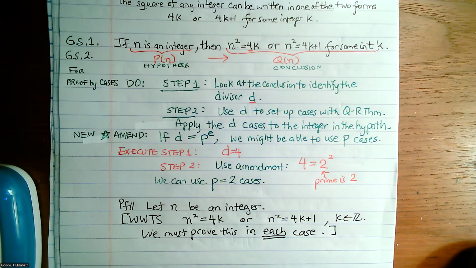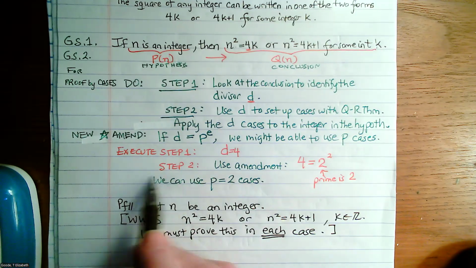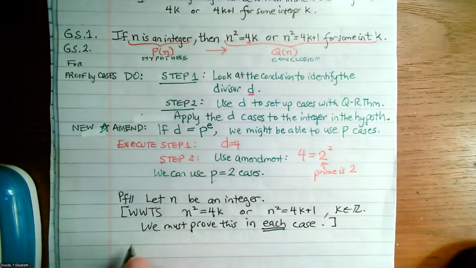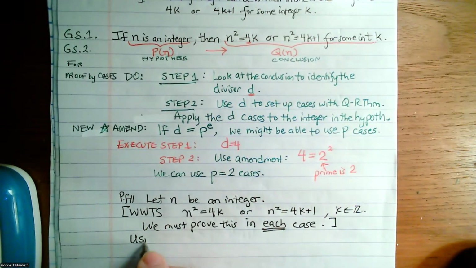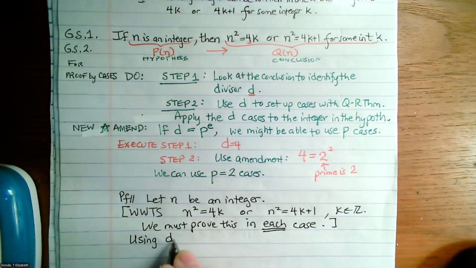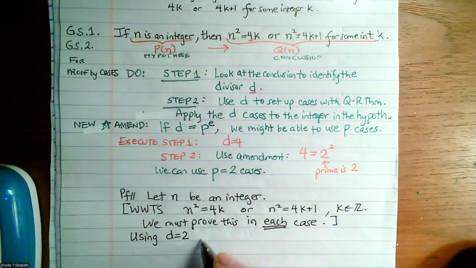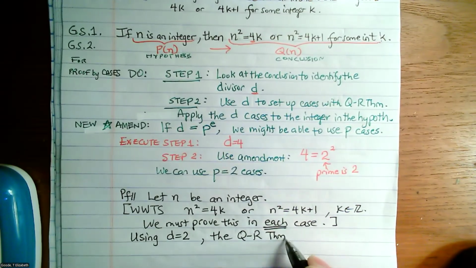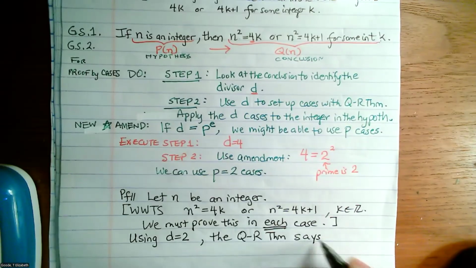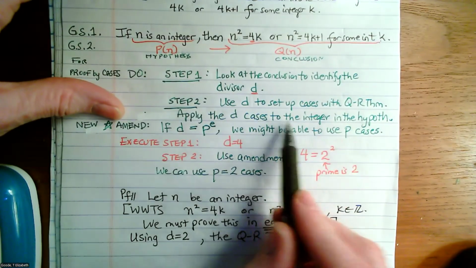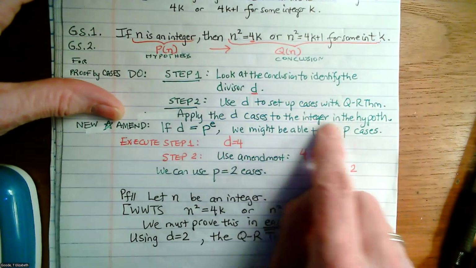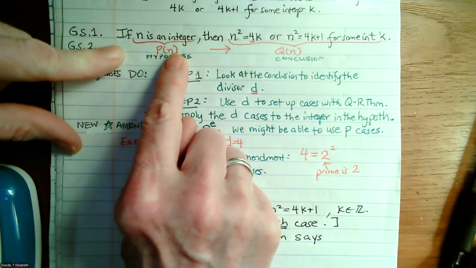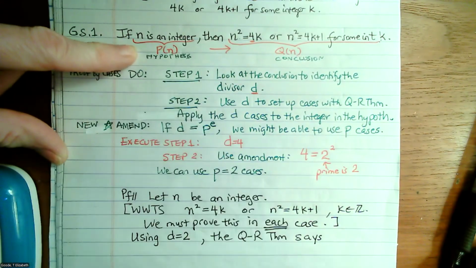Yes. Great. Now, they tell us we're going to use D equals 2. So using D equals 2, the Q-R theorem says, okay, so we apply D cases to the integer in the hypothesis. That's why we always know we want to have an integer in the hypothesis.